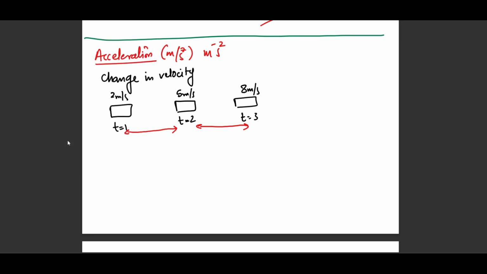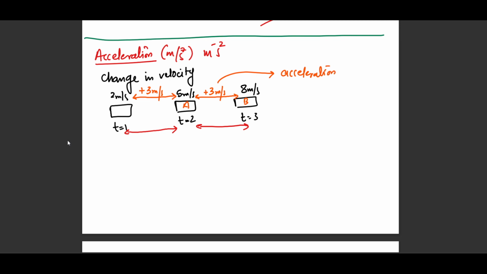We can say that this is acceleration of the object, but by how much is it changing? If I see the difference between these two velocities, there has been an addition of 3 meters per second. Similarly in the next case, there has been an addition of 3 meters per second. Now this 3 meter per second change in velocity from situation A to situation B is actually acceleration, which we normally refer to as change in velocity.